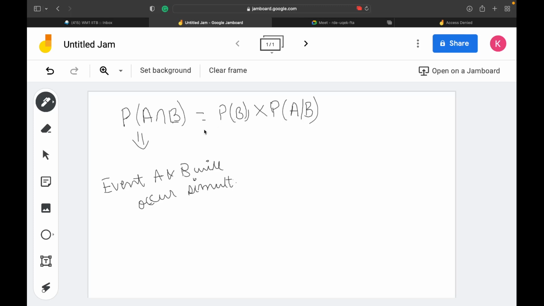This is the formula when we know that event A is dependent on event B.